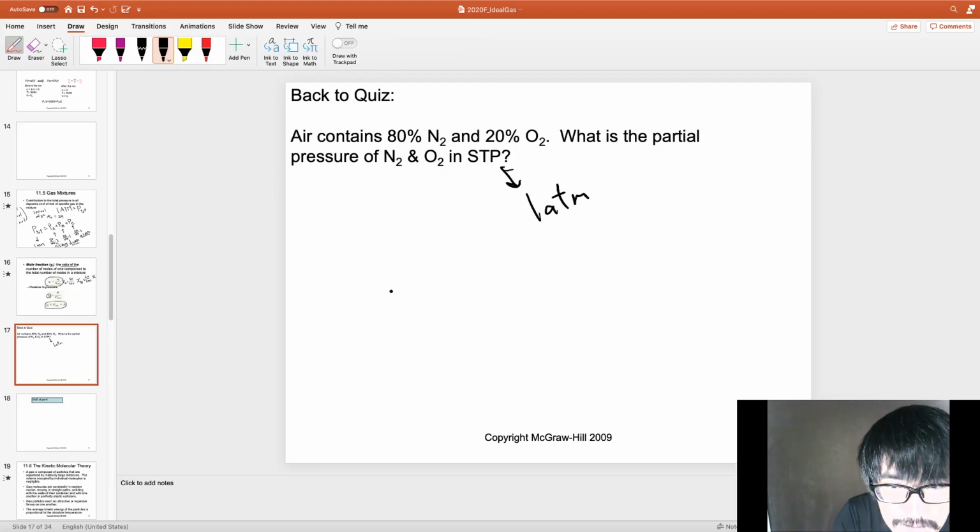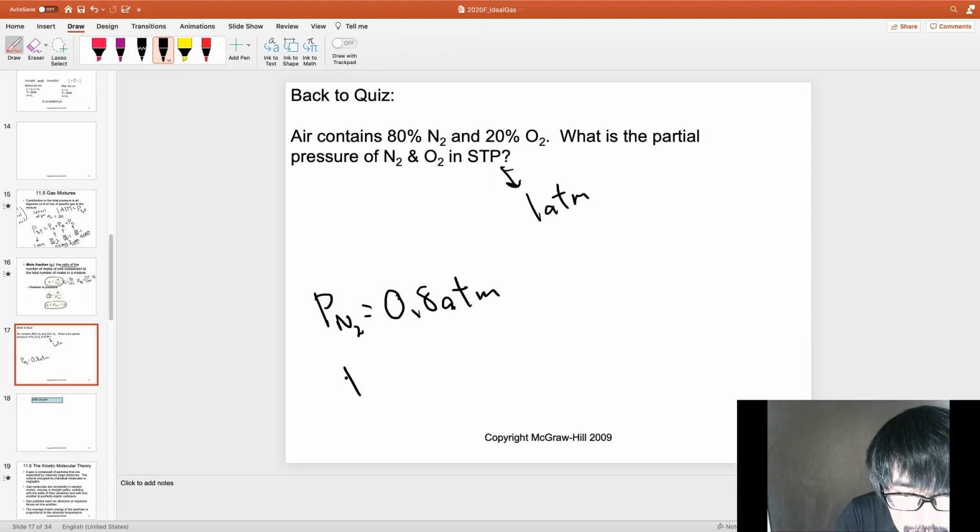Then the partial pressure of nitrogen is 0.8 atm, and the partial pressure of oxygen is 0.2 atm.